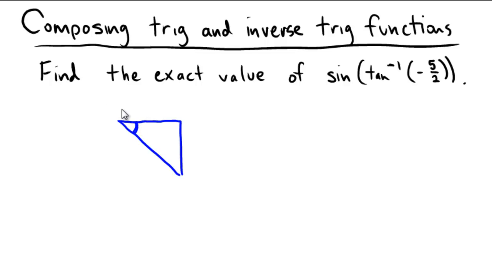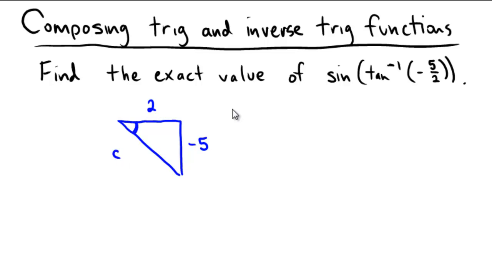The opposite and the adjacent are going to be negative 5 and 2. So the opposite is negative 5, downward 5, and the adjacent is 2. So we're 2 to the right, negative 5 down, where we are located in quadrant 4. Okay, by the Pythagorean theorem, we can locate the missing side over here.